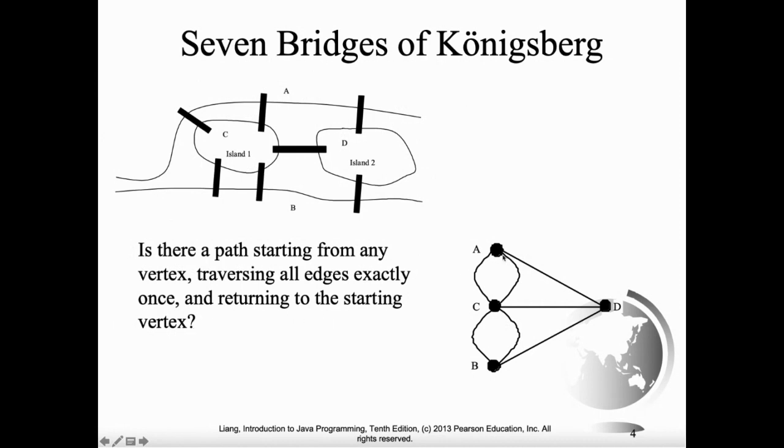So basically we start from A and we go to all the nodes without traveling any of these edges again, twice, and we come back to A again. And the answer, as you can see in this particular one, is no, because we're missing one edge.